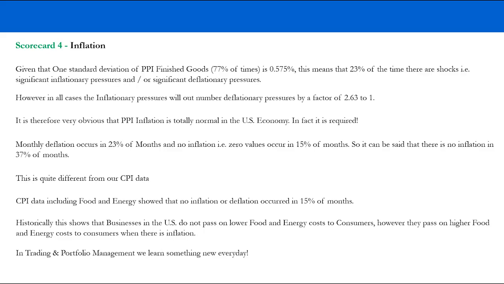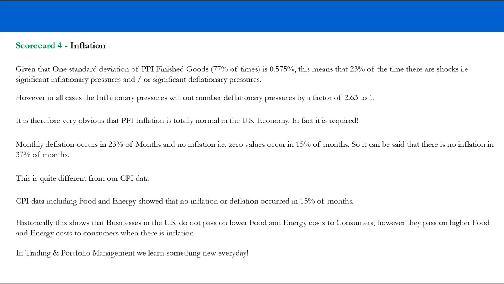Given that one standard deviation of the PPI finished goods is 0.575%, and that this is occurring 77% of times, this means that 23% of the time there are numbers outside these parameters, outside the one standard deviation moves.